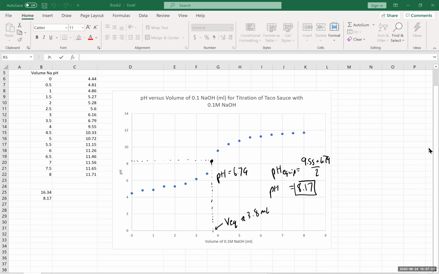Is it okay if I copy and paste the graph to the lab and then explain there? Yes, you're more than welcome to. Are the calculations going okay for everyone?